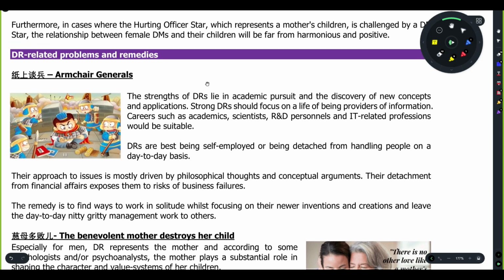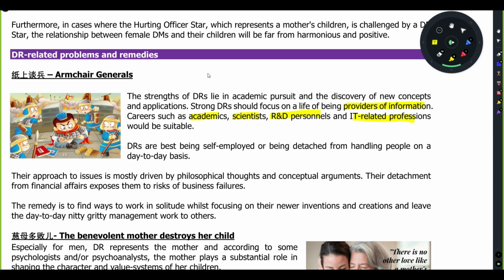The strength of direct resource lies in academic pursuit and in new concept applications. Therefore, when we read direct resource, they should be providers of information: academics, scientists, R&D personnel, IT related professions. You can find them having big success there.